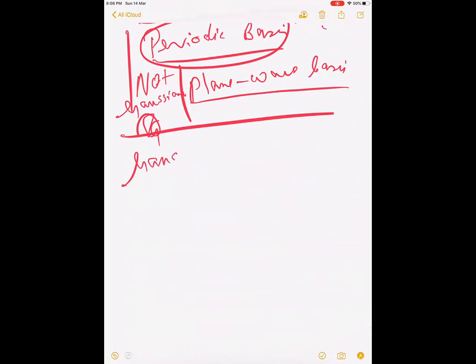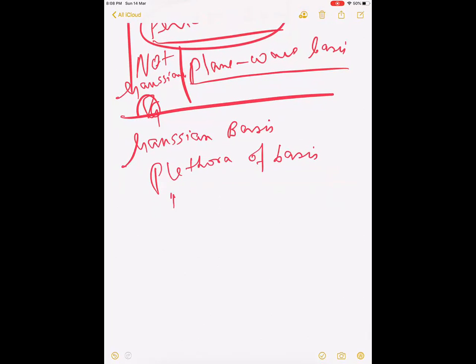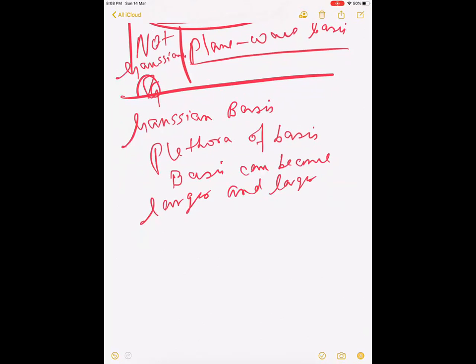As a summary, there is a plethora of basis sets. There's no end to it. Basis sets can become larger and larger, with split valence, double zeta, triple zeta, and so on, the number of polarization functions, the number of diffuse functions.